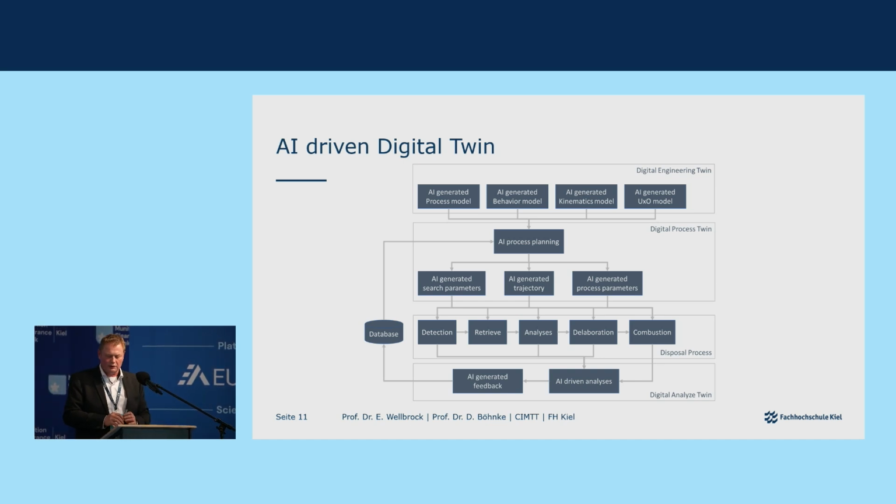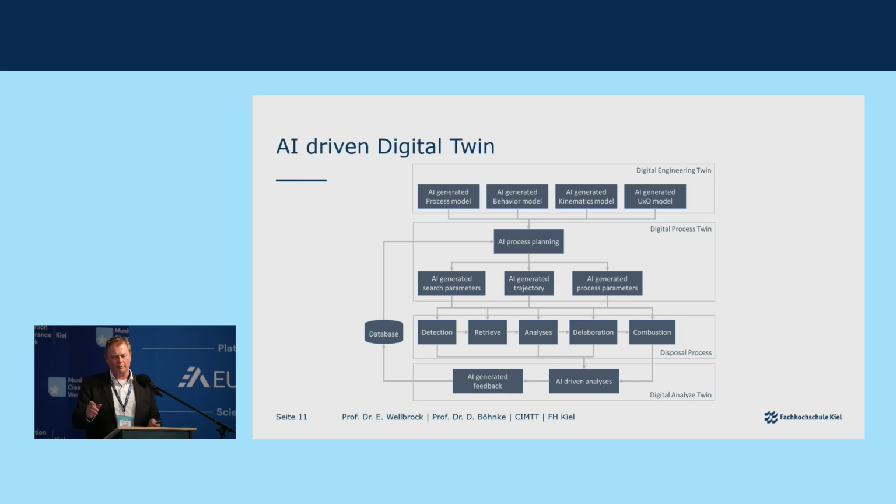Then we've got the digital process twin for the drive of this process. And finally, we need an analysis twin because we want to use the information we got from the processes back to improve our processes and to adapt this to other kinds of munition.